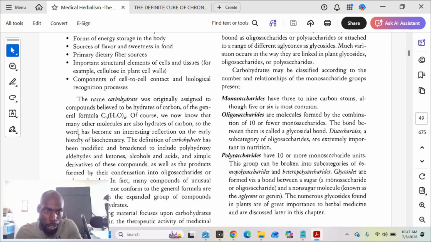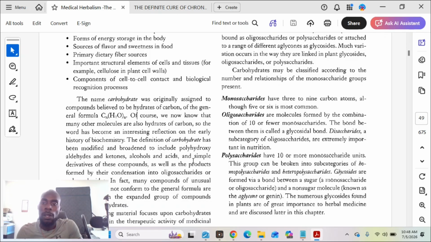So the word has become an interesting reflection on the early history of biochemistry. The definition of carbohydrate has been modified and broadened to include polyhydroxyaldehydes and ketones, alcohols, and acids.